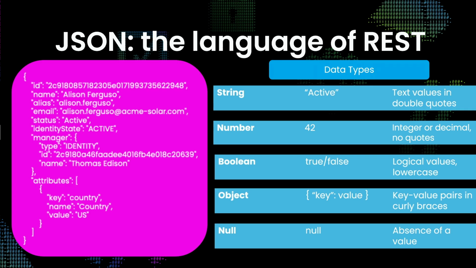You'll see this pattern constantly in ISC, and it's just a resource referencing another resource by type and ID, like I mentioned. And then below that, we see attributes. This is an array. It's essentially a list of objects, wrapped in square brackets. So again, each item in the list is itself its own object.